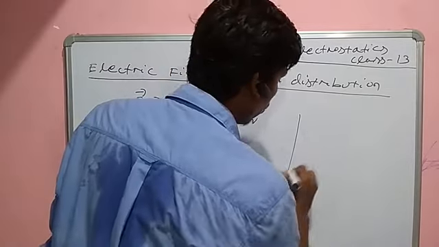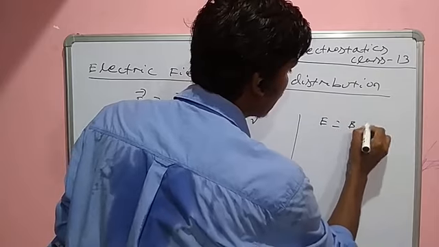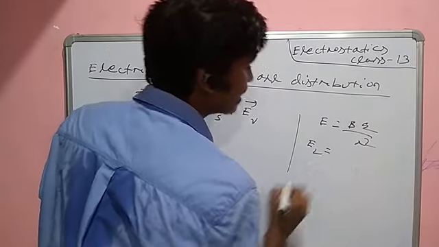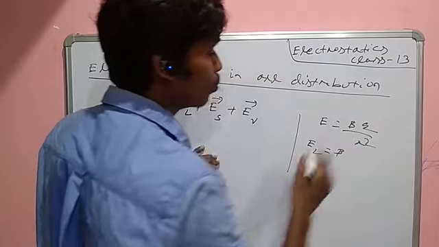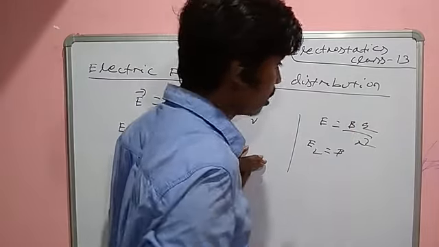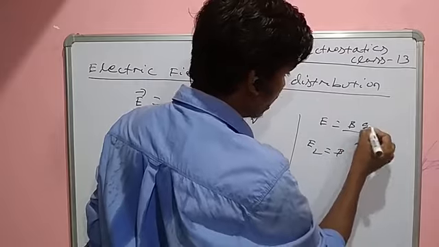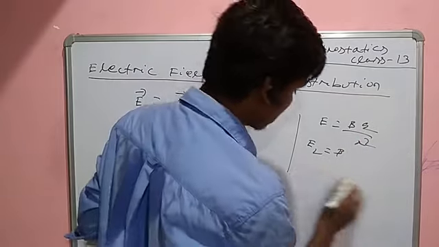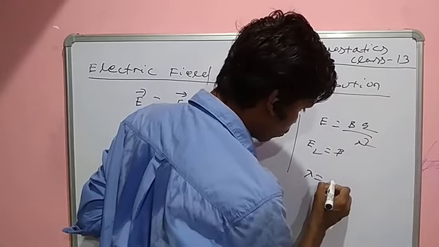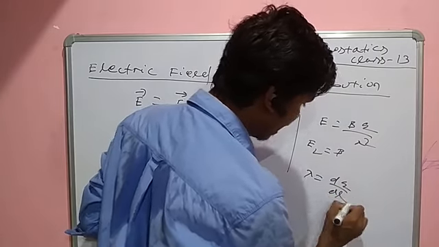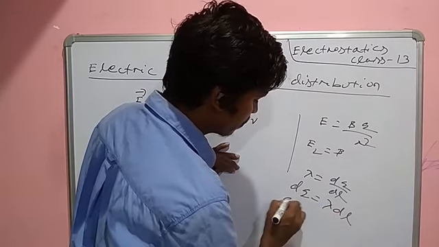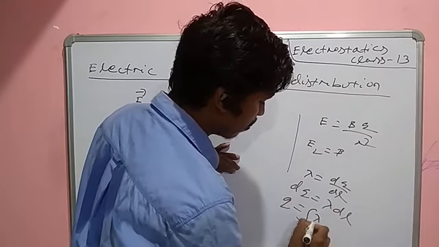You already know E is equal to k Q by r square. But EL is k integration of Q. Remember, Q charge is a linear charge distribution, where lambda is equal to dq by dl. So dq is equal to lambda dl, and Q is equal to integration of lambda dl.